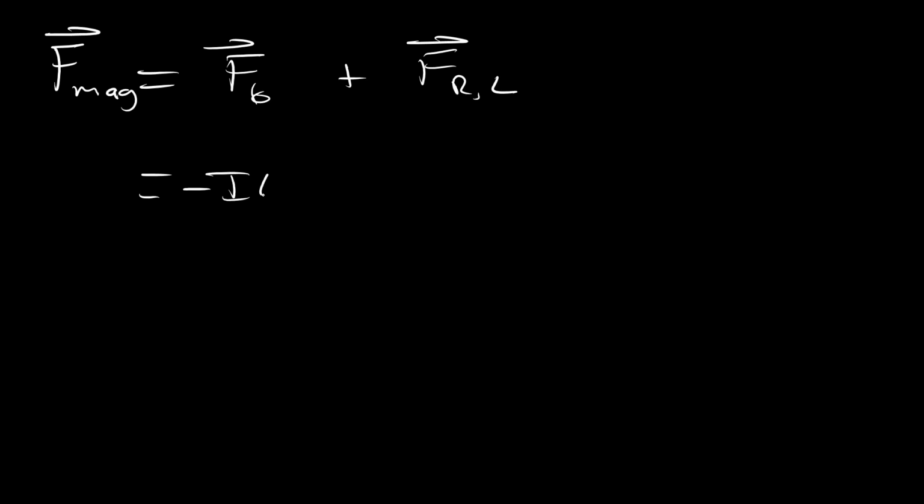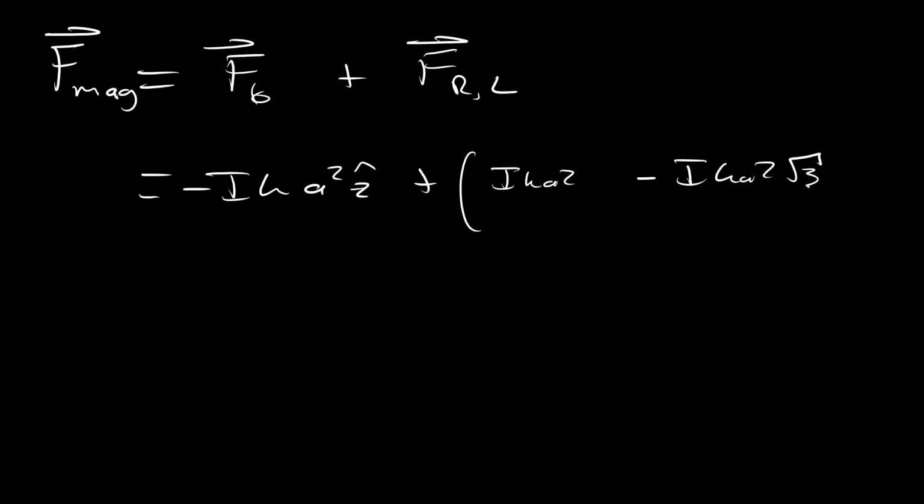We're going to get a minus I k a squared z hat plus I k a squared minus I k a squared root 3 on 4 z hat. Pretty simply, we can see that this term and this term are going to cancel out.